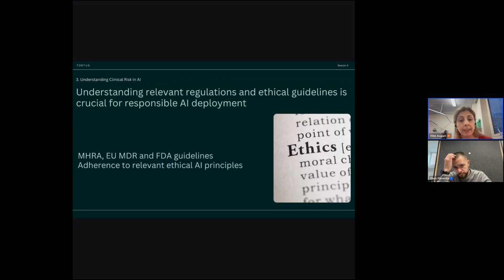And of course, in addition to the regulations, which are essentially law, meaning we need to adhere to them, it's very important that we also adhere to ethical AI principles. Although ethics are not law in themselves, some of them have the foundations for the law.